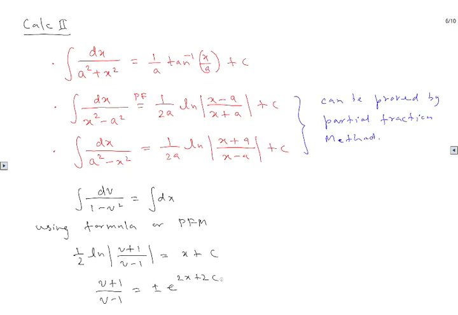I think this is clear. Now we have done this several times, e to the 2c times e to the 2x, and then by abuse of notation I'm just going to call the whole thing c. So it is c e to the 2x. Up to now I think it's very clear.